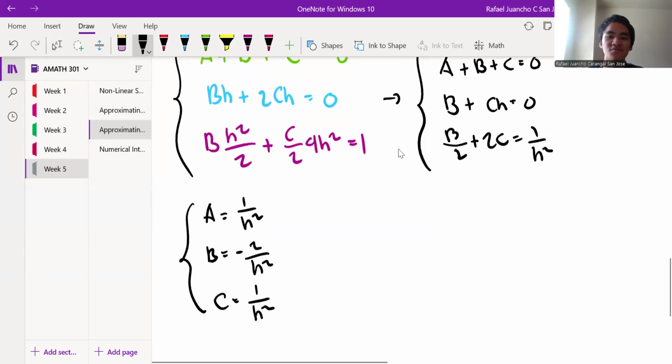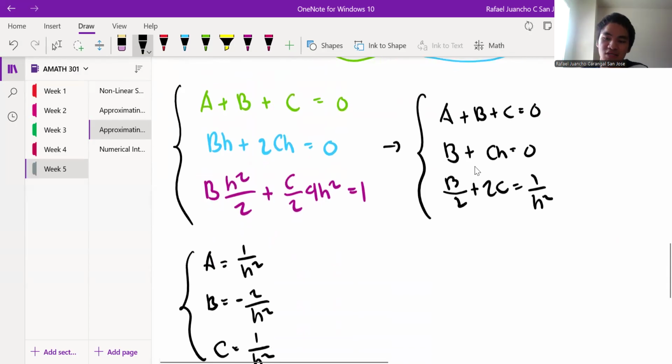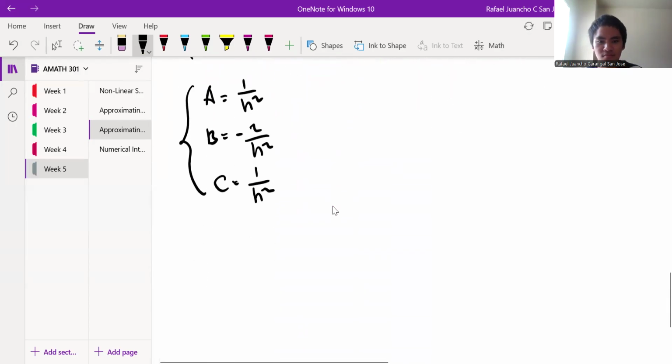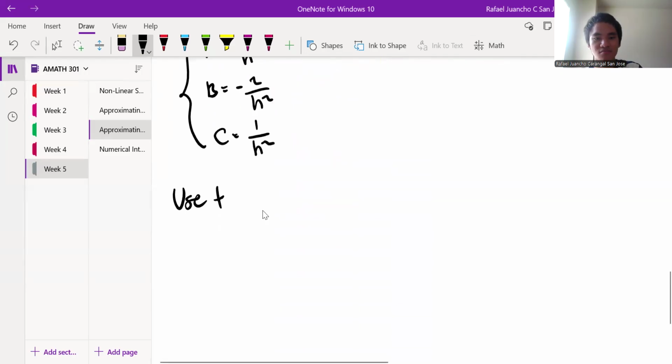So I'm getting everything in terms of h in this case, right? And then from there, we can use these coefficients. So how would that look like? We're going to use these coefficients. So this would look like this.